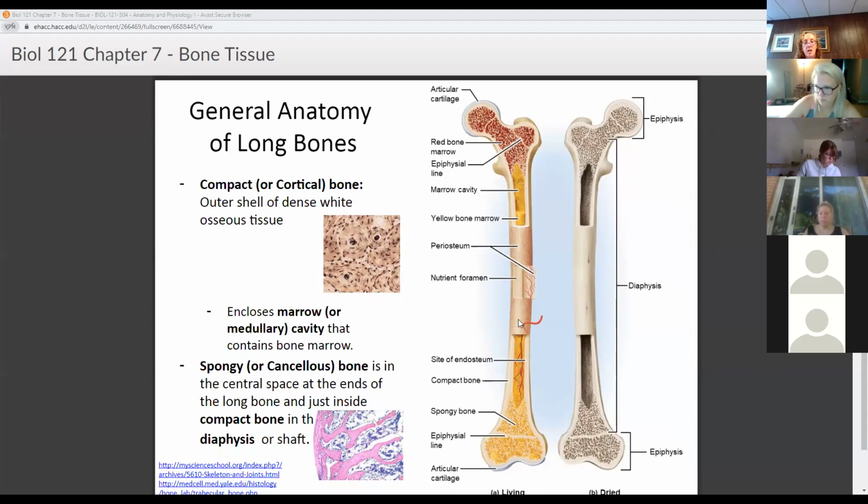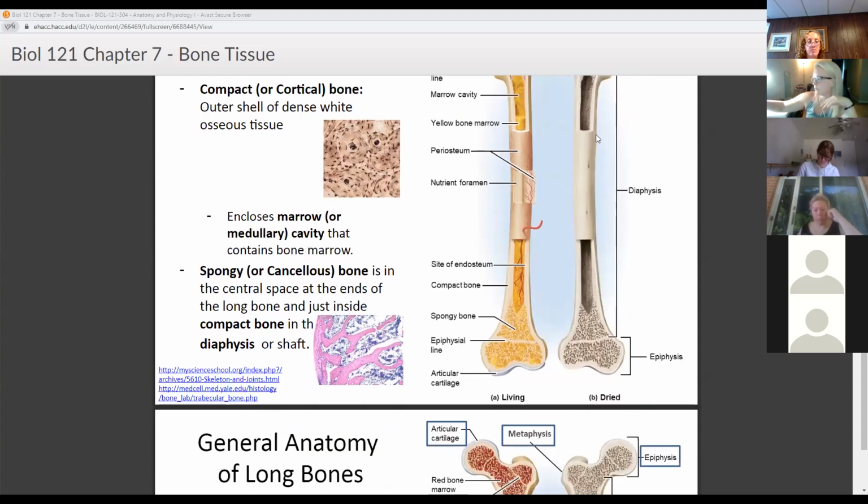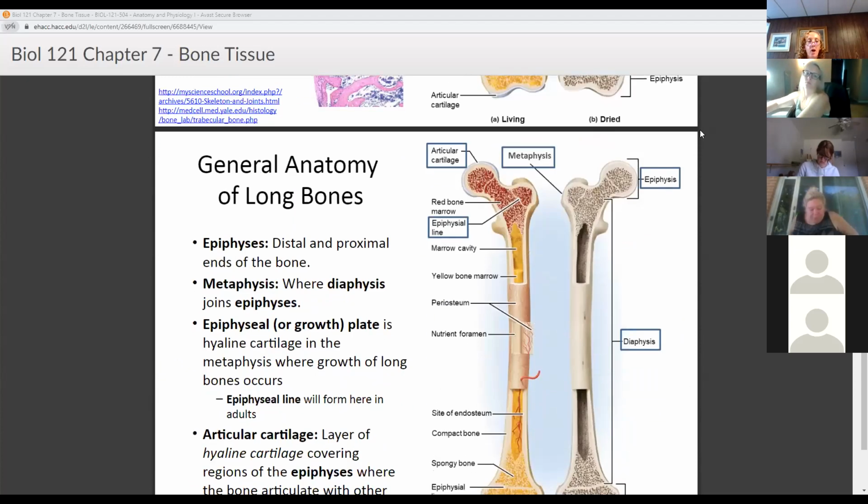Additionally, the ends of the bones are called the epiphyses. The diaphysis is the shaft or the middle part between the epiphyses. So epiphyses are the distal and proximal ends of the long bone.